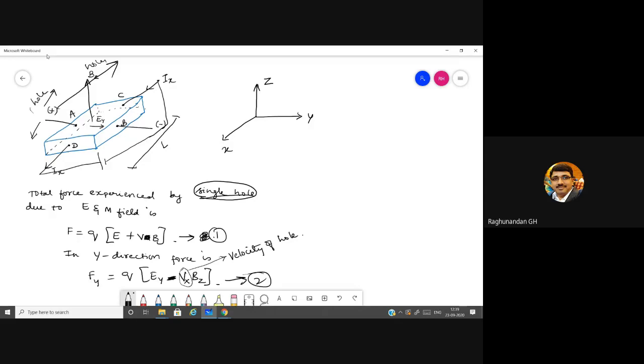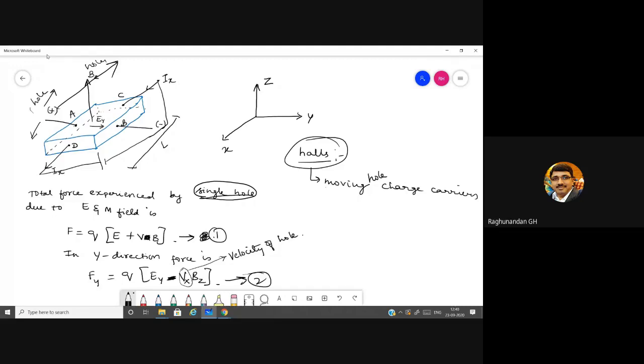Sometimes they'll ask you what you mean by holes. Holes are nothing but moving charge carriers, and the charge carriers I am considering here for the derivation are holes.